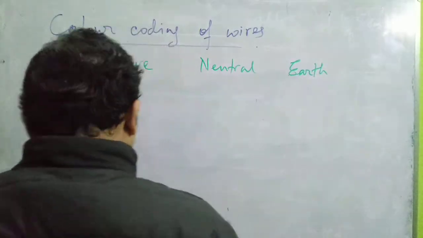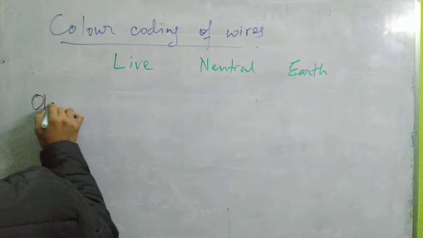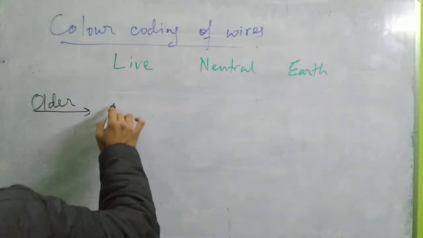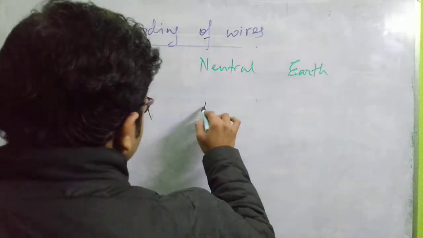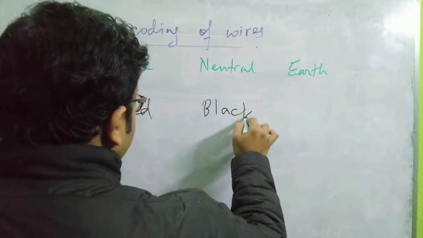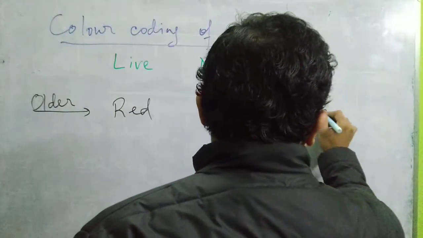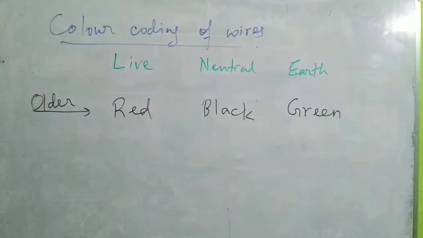In the older convention, the live wire is denoted by the red color, the neutral wire is denoted by the black color, and the earth wire is denoted by the green color. So these are the three color codings: red, black, and green.